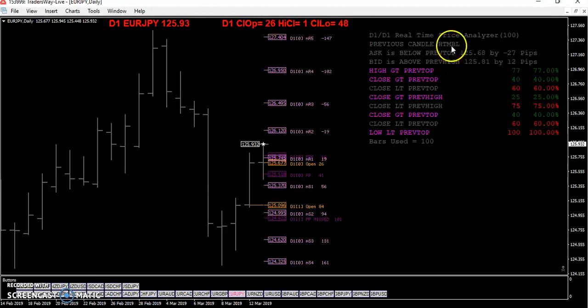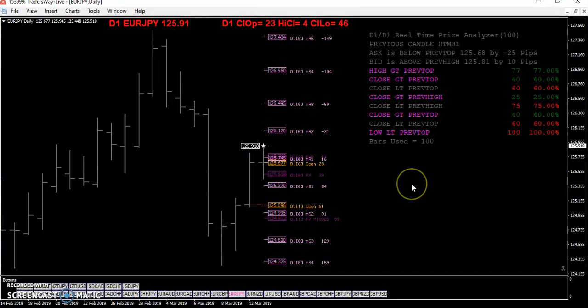So the top and bottom will either be the open or close depending on whether or not the previous candle was red or green or bull or bear or black or white, an up candle or down candle, however you want to define it. So you see we've got pivots here, we got the opens, and you can see here the top of the previous candle and the bottom.